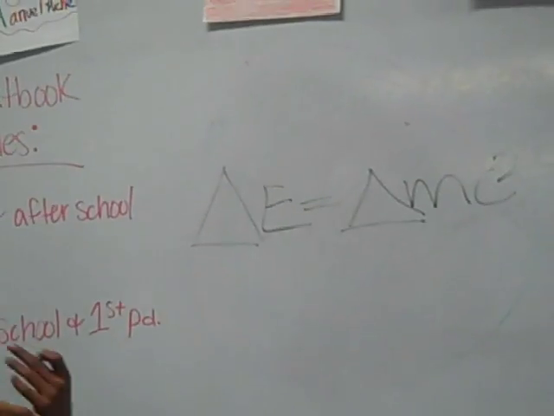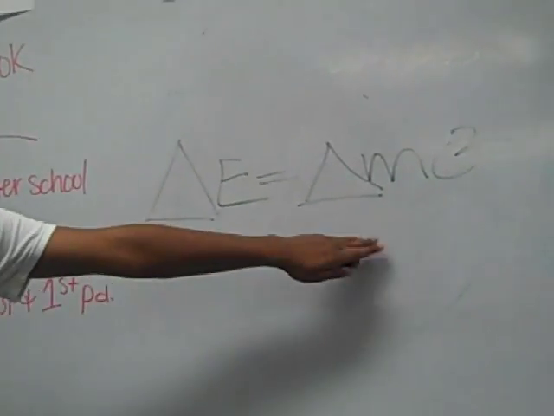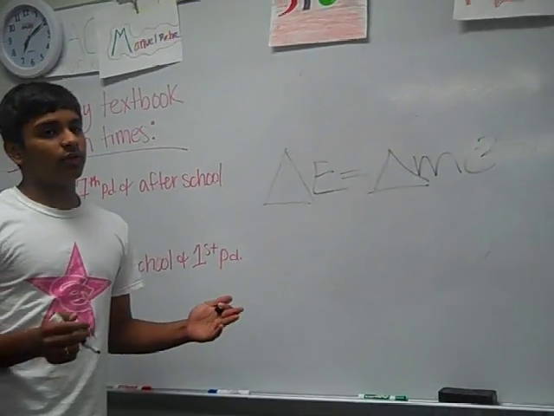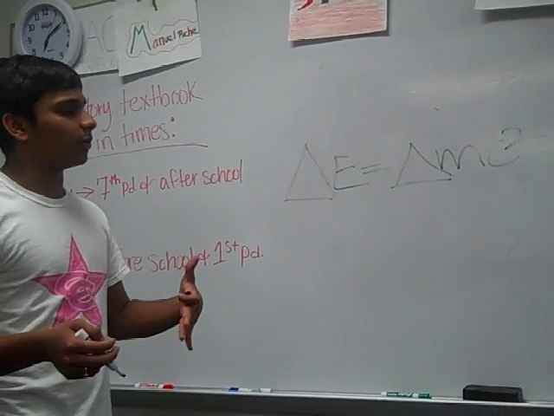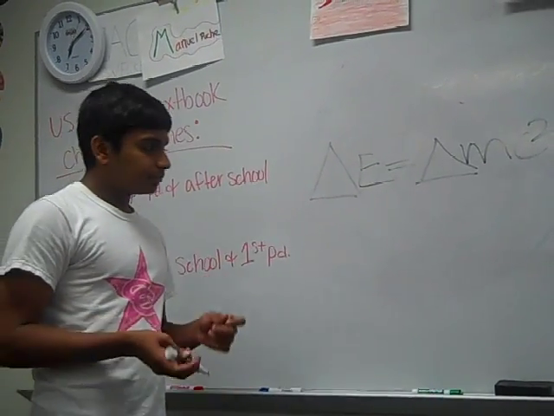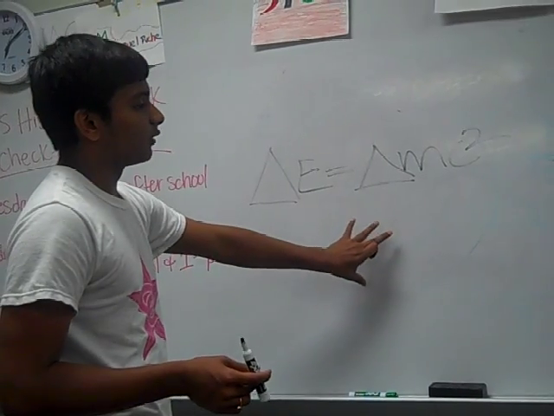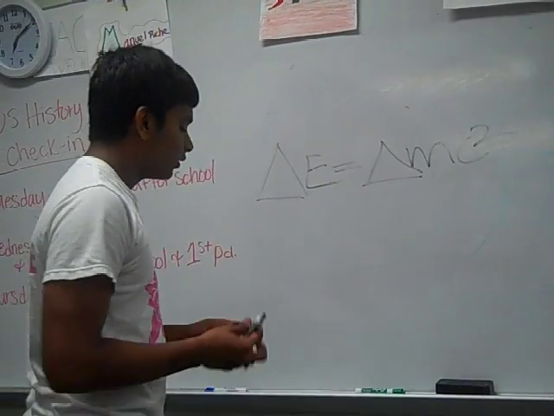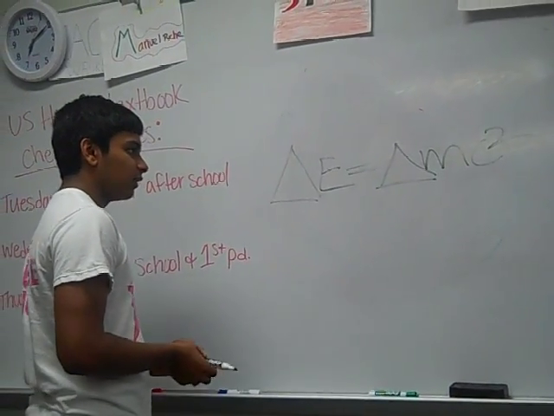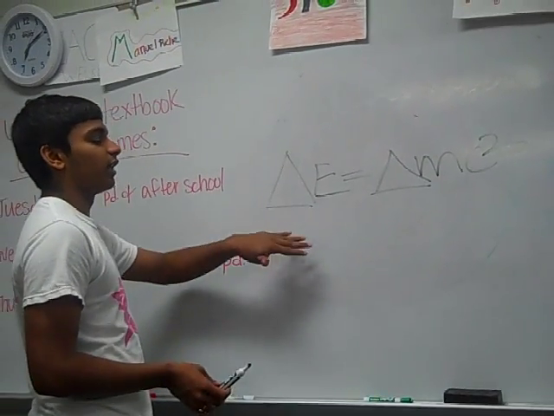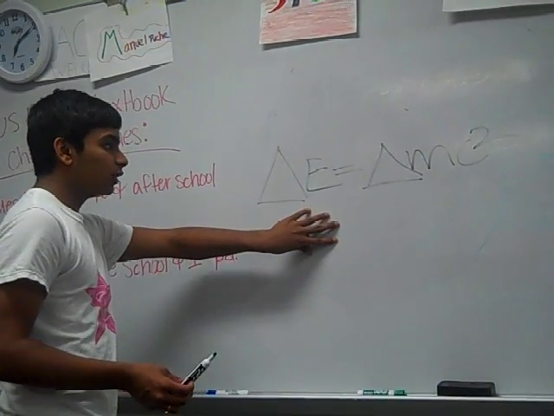And this is based off the idea that the speed of light never changes. Or I mean, sorry, not the speed, but the frequency of light, and the speed. So it's not affected by anything. The speed of light always stays constant. That's the basis for this equation.